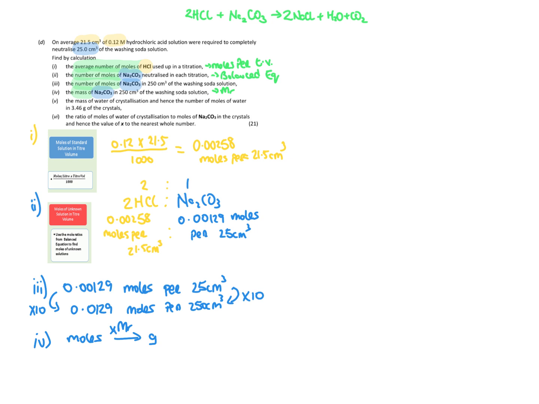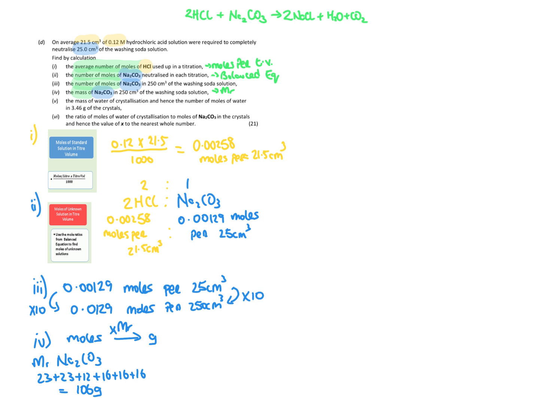Now, this is the mass of sodium carbonate, so we are going to be getting the Mr of your Na2CO3. So let's figure that out. We know it's 23 plus 23 plus 12 plus 16 plus 16 plus 16. And that gives you 106 grams.